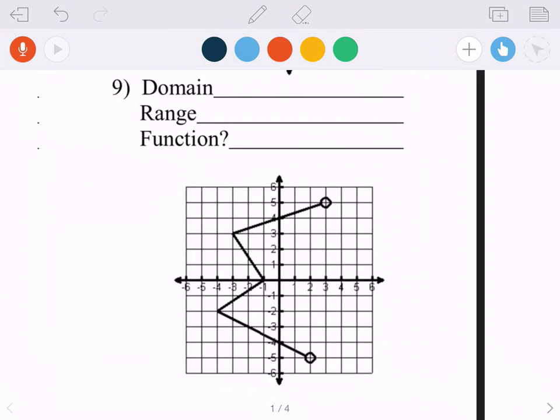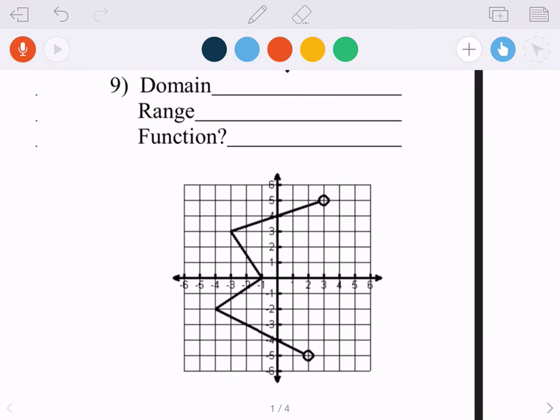So my first example here. My domain, those are my x values, so I'm concerned with the x-axis, which I'm highlighting in red. So again, we're going to have our set builder notation. So I'm going to write the frame first.